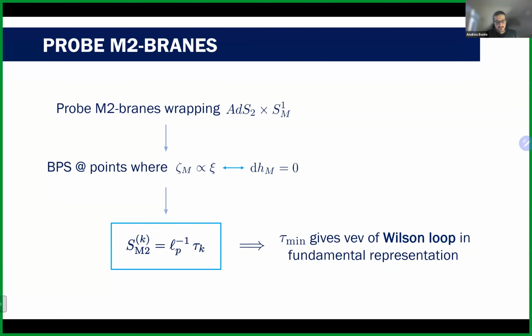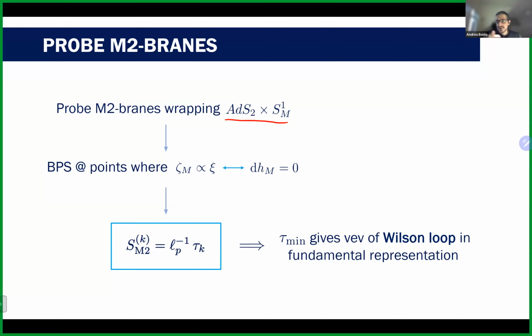Now let me also mention something which we also looked at in the paper, which I didn't mention before. It's interesting because you can also map these discontinuity points to the classical action of probe M2 branes. In particular, you can consider probe M2 branes that wrap the AdS2 factor of the geometry and the M-theory circle.